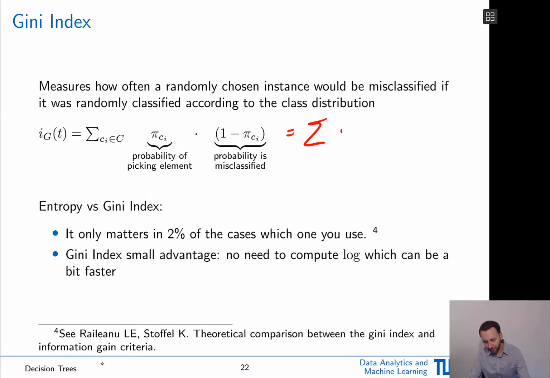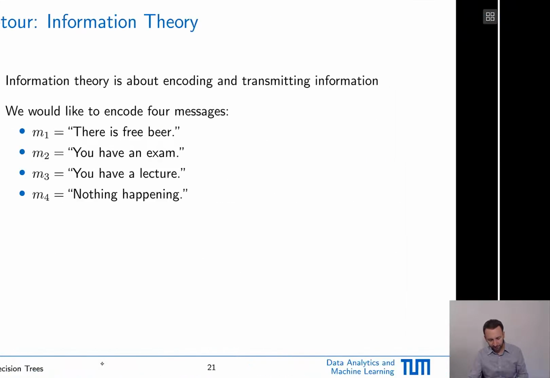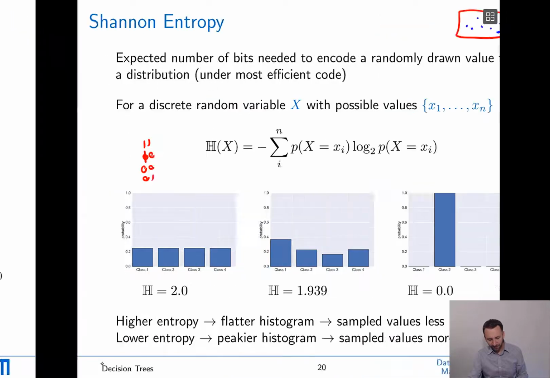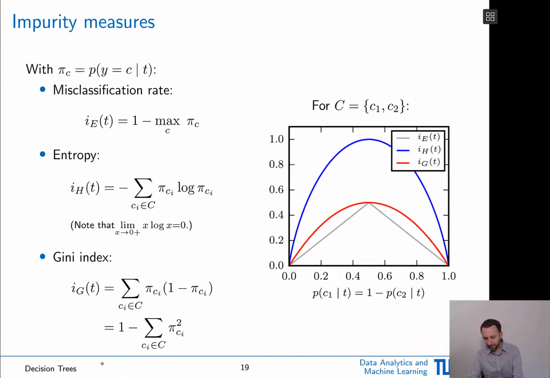So if you want to rewrite it, you can also write it as this here, minus pi c squared, which is of course the same, and this is what we had at the beginning, so that you don't get confused about what we had written here.